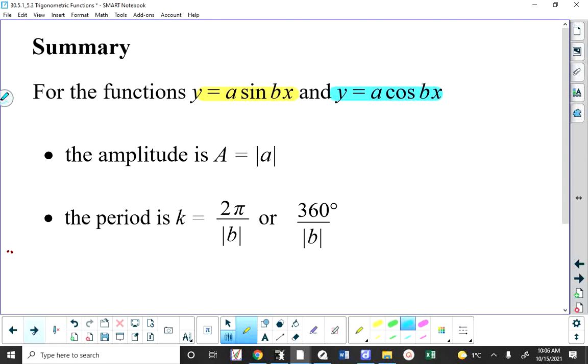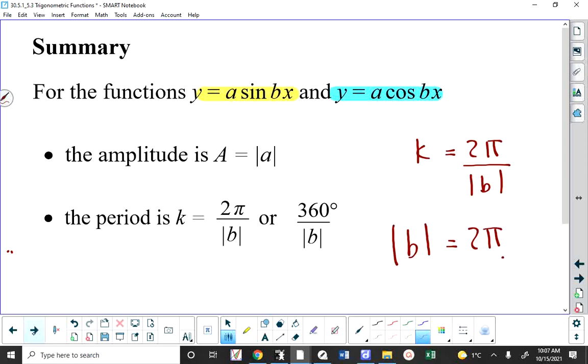Okay, I want to point out one more thing, and it's not in your notes, but you can certainly add it. If the period is 2 pi over b, then b is 2 pi over the period. If you cross multiply here and solve for b, you get 2 pi over the period.